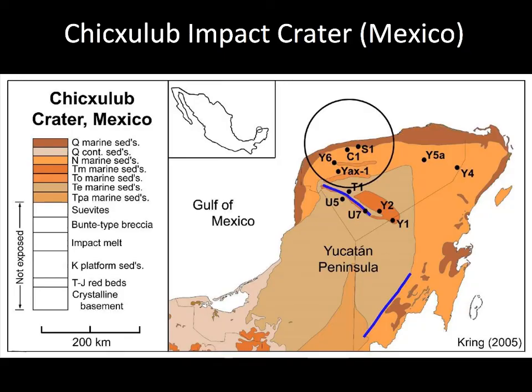So regarding the impact theory for the KT mass extinction, again, this is a review at this point, but the location of the impact has been determined, and it's on the Yucatan Peninsula, on the tip of the Yucatan Peninsula in an area called Chicxulub, Mexico. Here's a diagram showing the location of this crater, and the story of how they discovered this crater is pretty interesting, and it's summarized in that video that we watched.